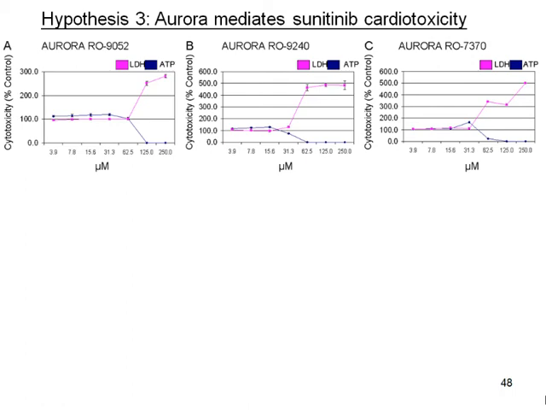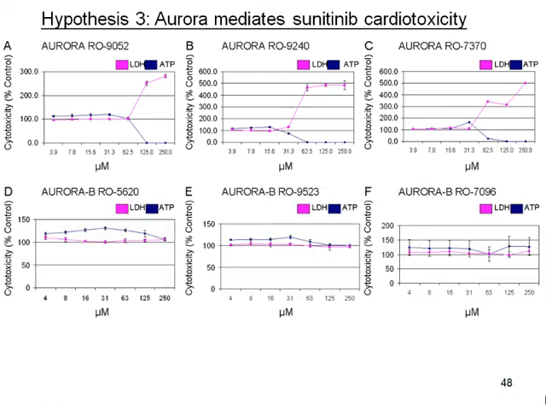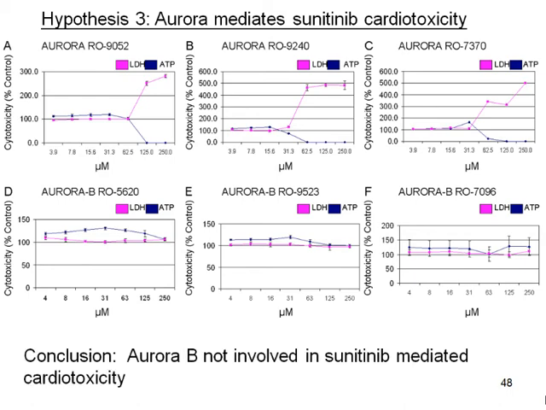So we didn't feel that this level of cytotoxicity was relevant. But I went on to look at Aurora B inhibitors. So this was very selective to Aurora B, and there was less than 85% inhibition of the other 2 Auroras. And there was no cytotoxicity, even up to 250 micromolar. Therefore, it concluded that Aurora B is not involved in Sutent-mediated cardiotoxicity.